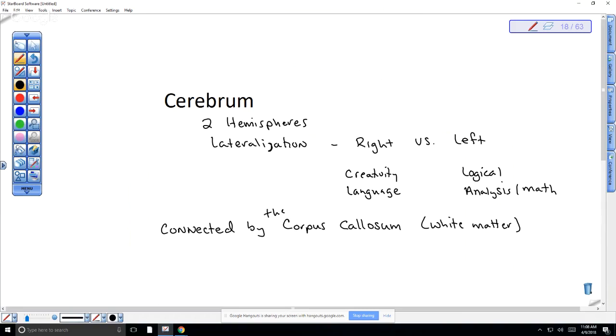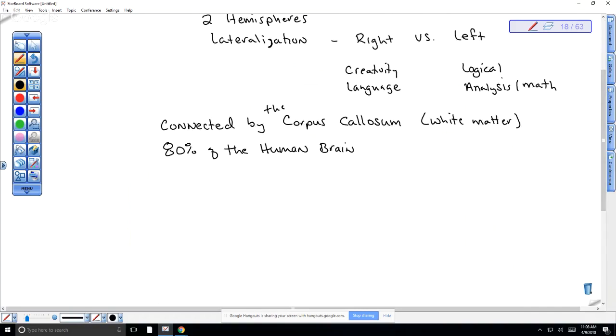The cerebral hemispheres make up about 80% of the human brain. However, only the outer part of the cerebrum is associated with conscious thought. And so this is the cerebral cortex.